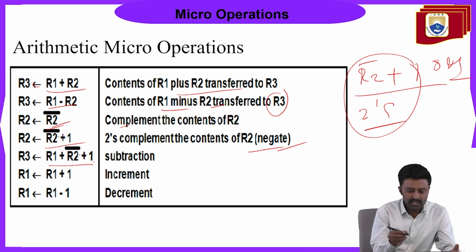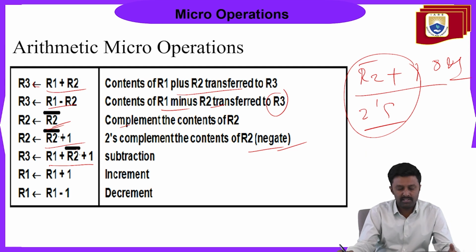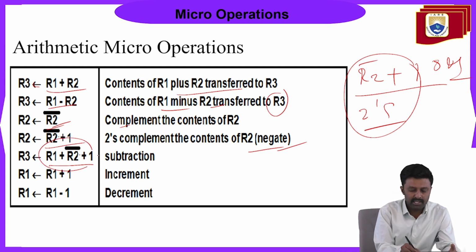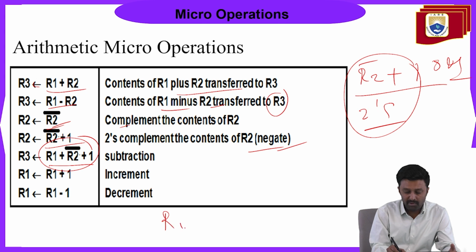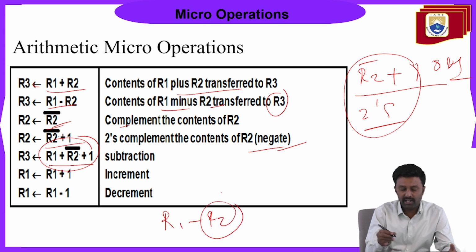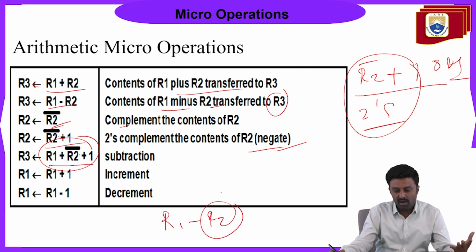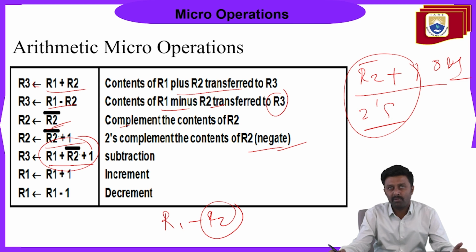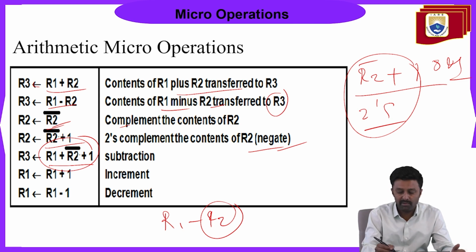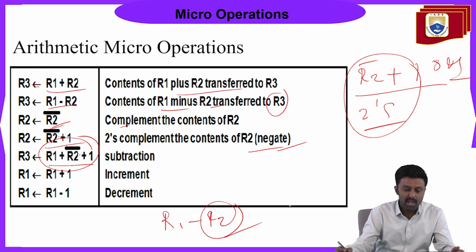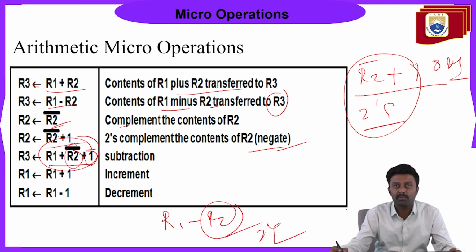Then we can perform the subtraction operation, that is R1 plus R2 bar plus 1. This instruction can generally be written as R1 minus R2. But we cannot directly write minus R2, because all the values in the computer will be in the form of zeros and ones. So first the number will be converted into the negative number by taking the complement and adding 1. That is how, by doing a 2's complement, a number is converted into a negative number.